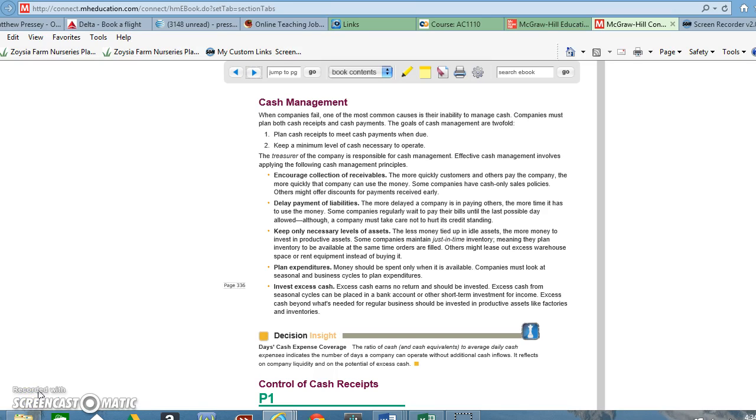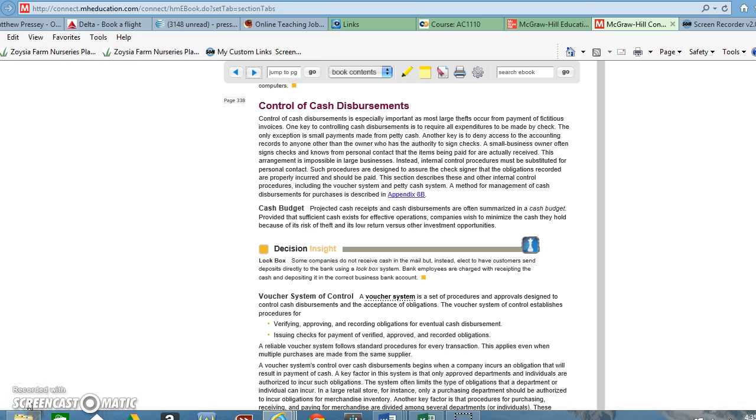From there, the authors dive into cash management, starting with controls of cash receipts, and then naturally that would lead into the control of cash disbursements as well. You'll want to read over both of those because it's very important, not only for the class, but for you in the workplace as well, for your protection as well.